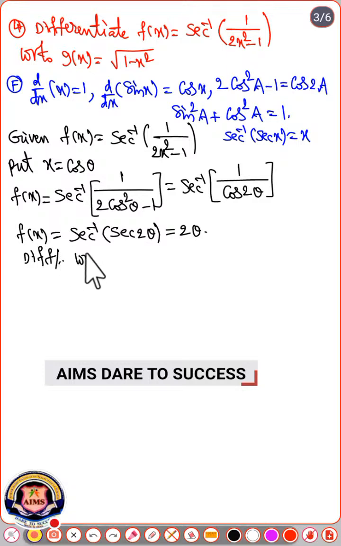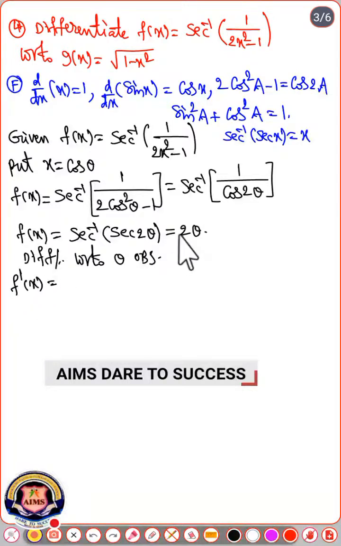Differentiating with respect to theta. Why? Because the right side values are related to theta. With respect to theta on both sides, we get the derivative of f of x with respect to theta. You will write it like this, f dash of x.